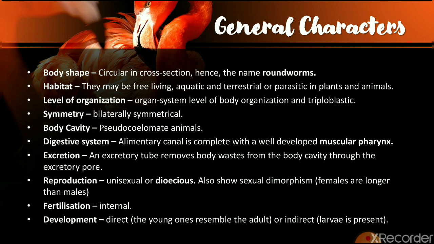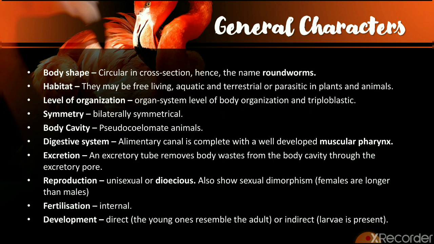They possess a complete alimentary canal which extends from mouth to the anus. This kind of digestive system is known as the complete digestive system, and due to the complete digestive system they possess a tube within tube body plan.